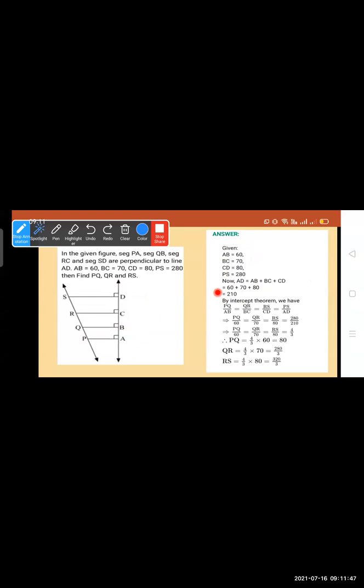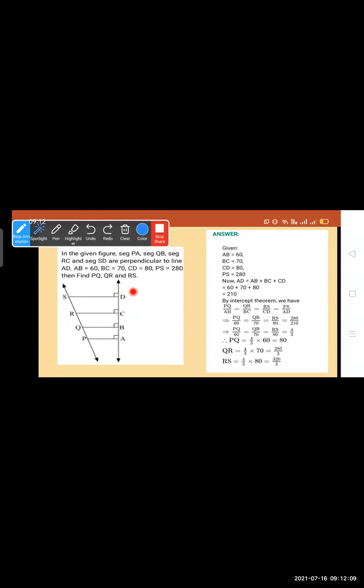Now here we see the intercept theorem, or the three or four parallel lines theorem. So we apply the intercept theorem. We write PQ by AB, QR by BC, RS by CD, and PS by AD.